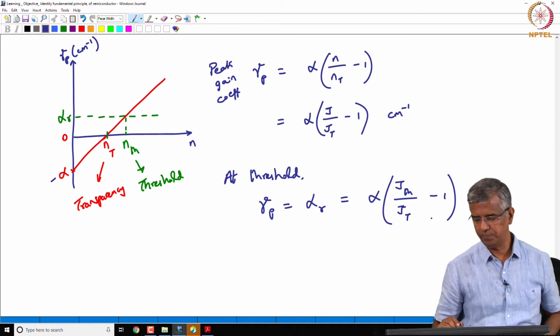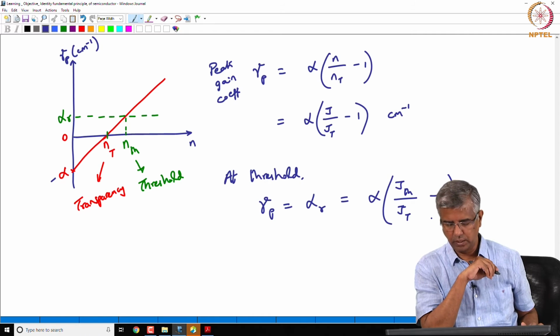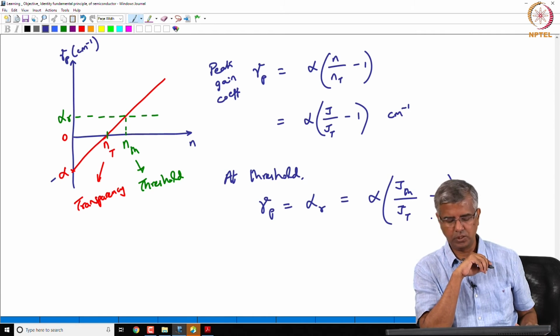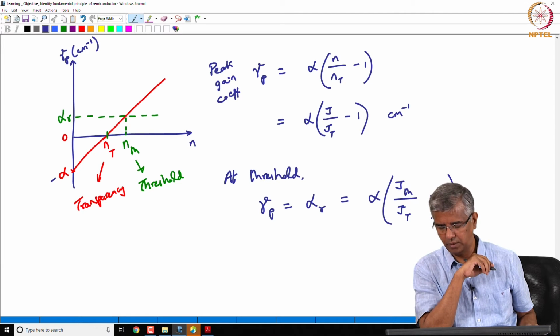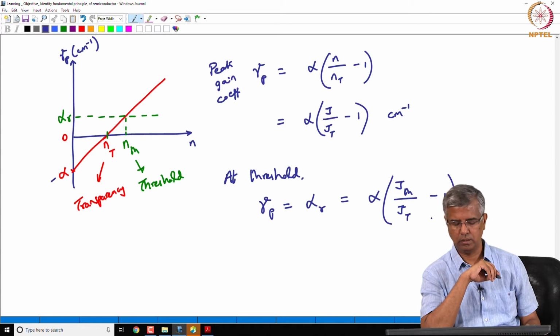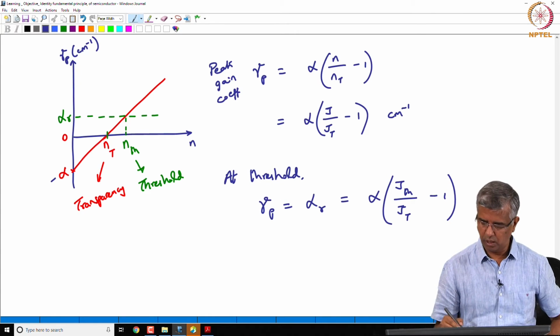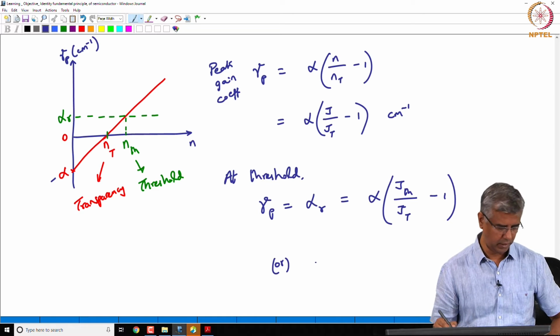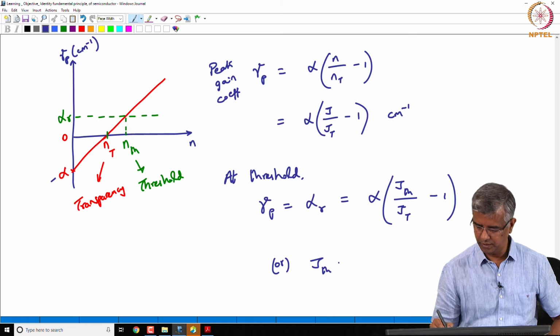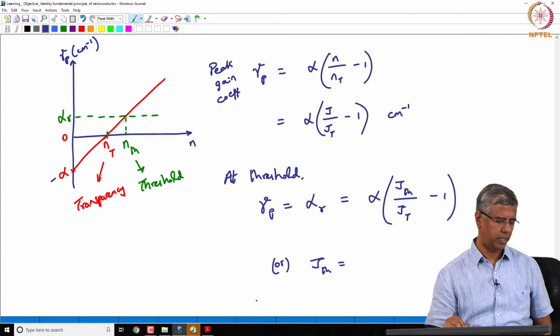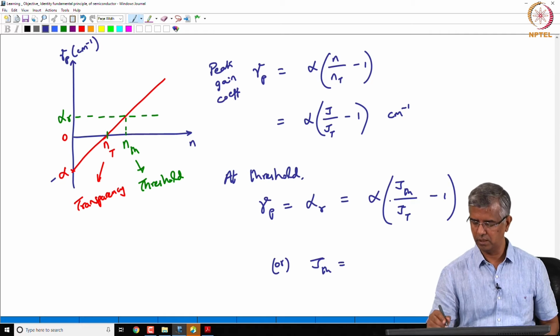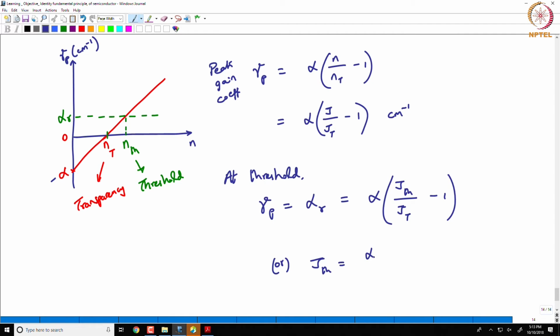So, gamma p from that expression at j equal to j threshold is alpha into j threshold over jt minus 1. If you are trying to find the threshold current density, and you just rearrange these terms, you are going to find that it equals alpha r plus alpha divided by alpha multiplied by jt.